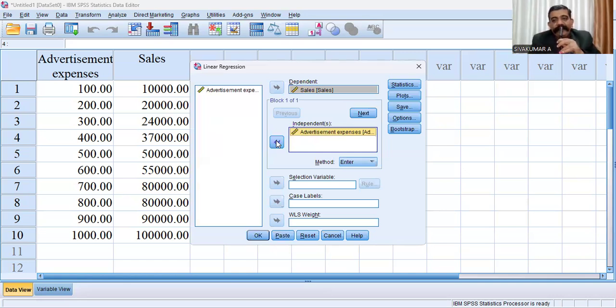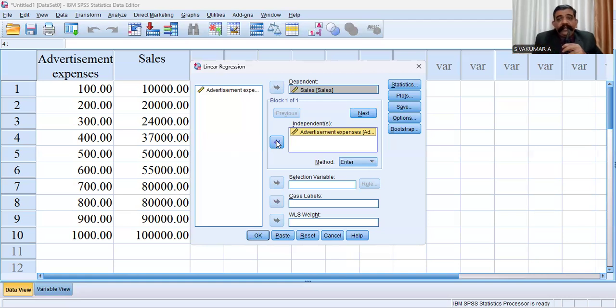Assumptions are mandatory, significant, essential. Likewise, you do not conduct simple regression analysis with the help of SPSS unless the assumptions are met, satisfied, validated and tested.